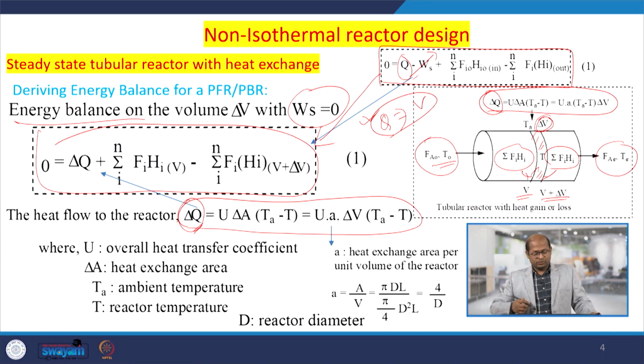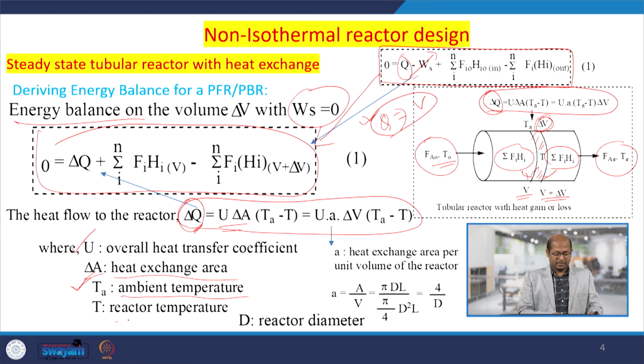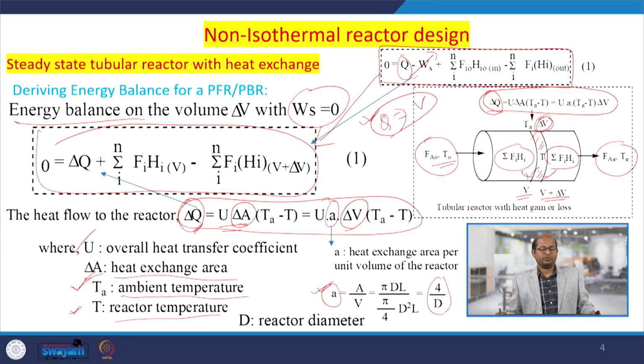Okay. So, now here U is the overall heat transfer coefficient, delta A is the heat exchange area, Ta is the ambient temperature, and T is the reactor temperature. Here small a is the heat exchange area per unit volume, and if delta V is the total volume, then we can find out the heat transfer area. If we know the diameter of that reactor, then a, the heat transfer area per unit volume, we can find out.